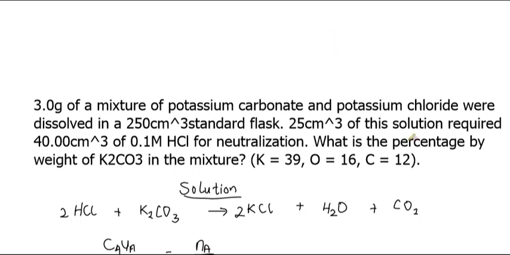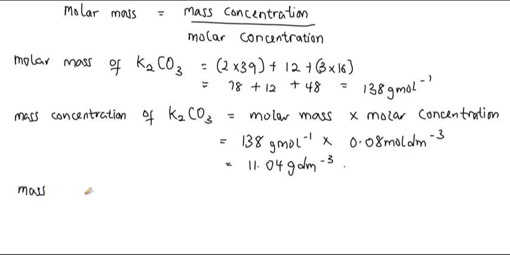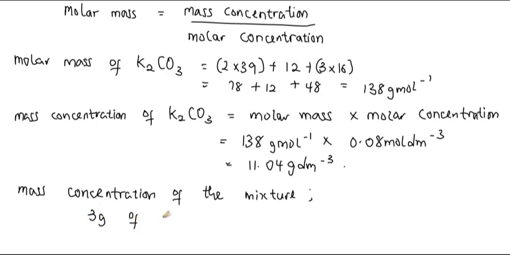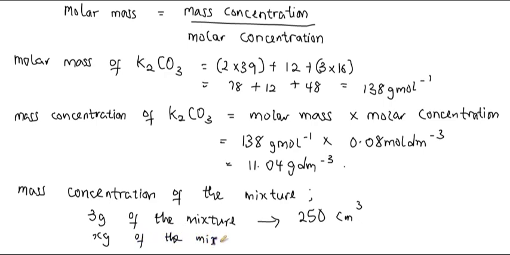So to continue from where we stopped, we'll be using the relationship that if 3 grams of the mixture is dissolved in 250 centimeter cube, then X grams of the mixture will be dissolved in 1000 centimeter cube.